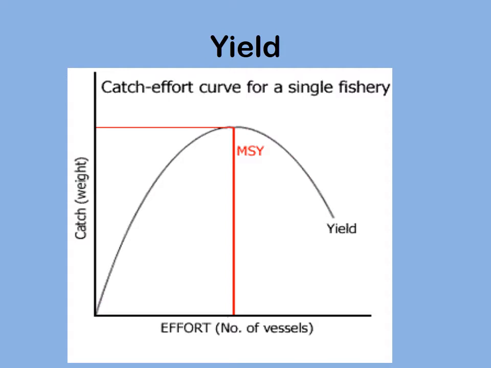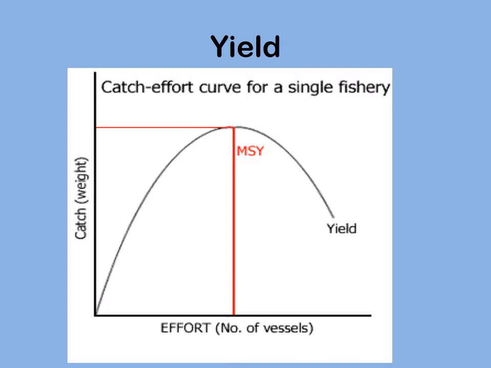So if you have 0 vessels at the beginning, at MSY 5 vessels, and at the end close to where the yield is, it says it's 10 vessels.